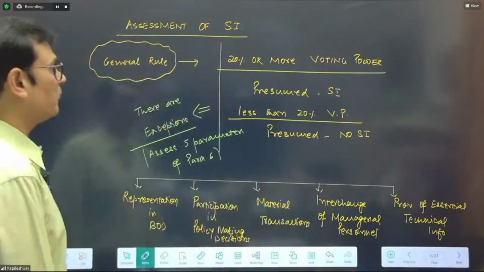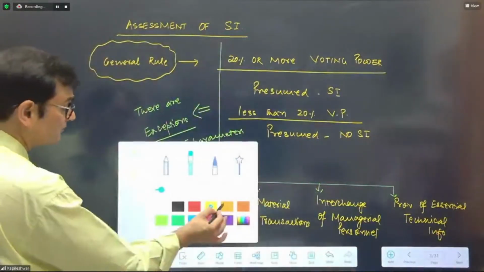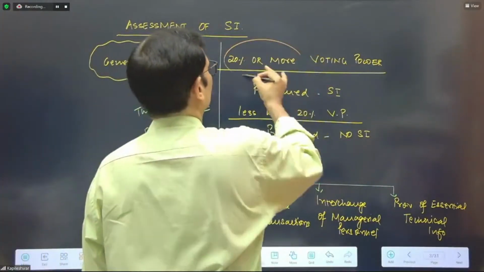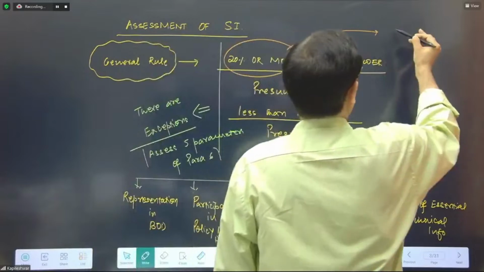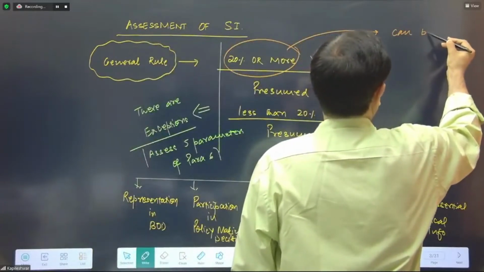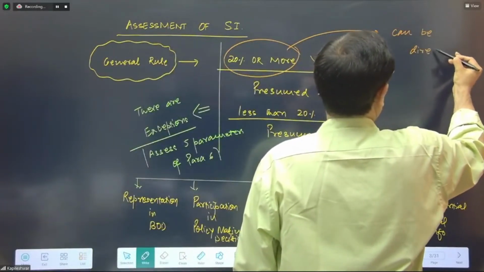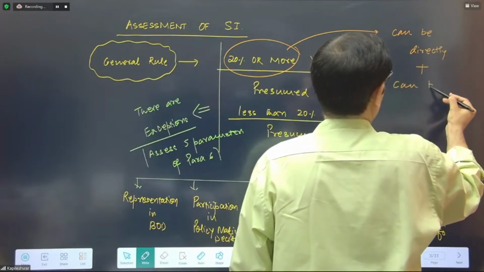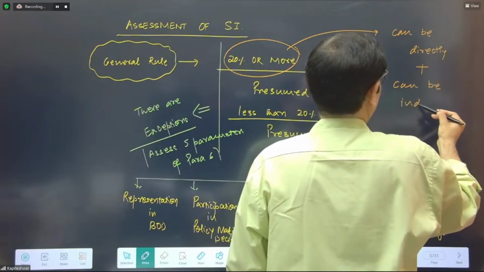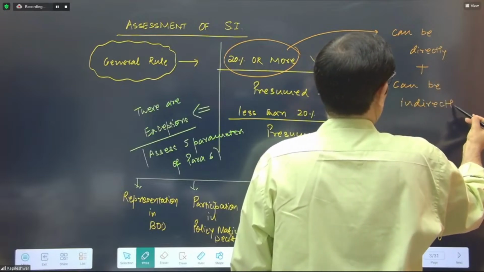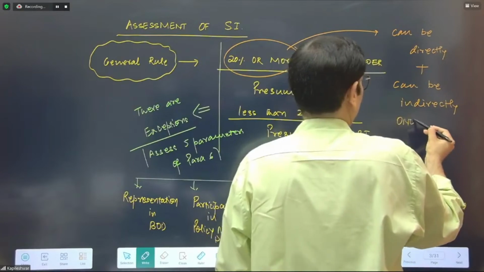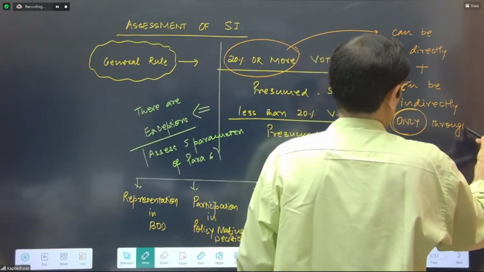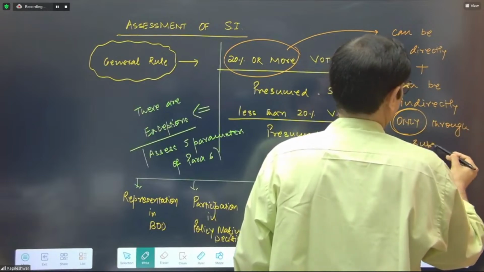Now, another important thing I'd like to add is that this 20% or more can be held directly, that's 1, or it can be held indirectly. And I'm making the focus very clear: only through a subsidiary.